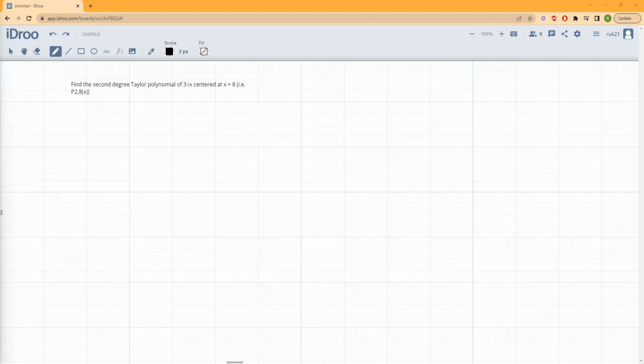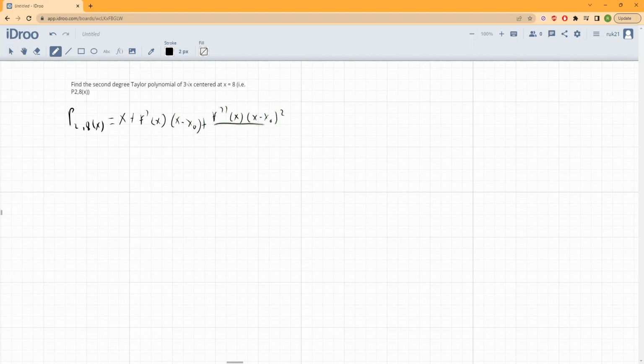To find the Taylor polynomial, P2 at 8 of x is equal to f at x naught plus f prime at x naught times x minus x naught, plus f double prime at x naught times x minus x naught squared over 2 factorial.